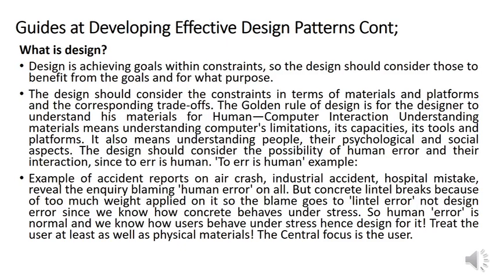The design should consider the constraints in terms of materials and platform and the corresponding trade-offs. The golden rule of design is for the designer to understand his material for human-computer interaction. The material means understanding computer limitations, its capacities, its tools, and platforms.